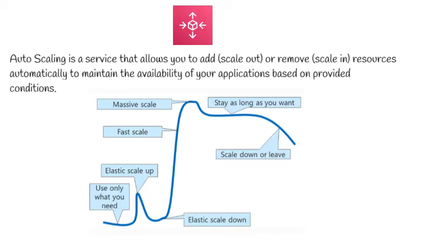In the fourth condition, when traffic increases suddenly and requires a lot of instances, auto scaling will be done and more instances will be added by the auto scaling feature provided by the cloud service provider, and that will be a fast scale to achieve massive scaling.